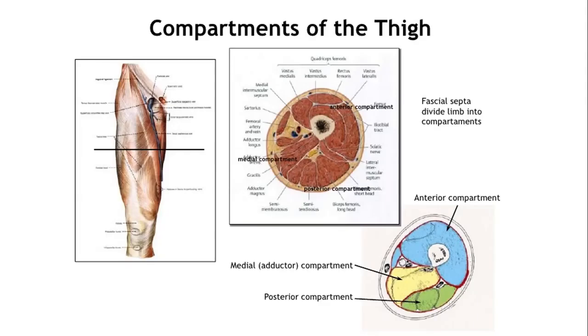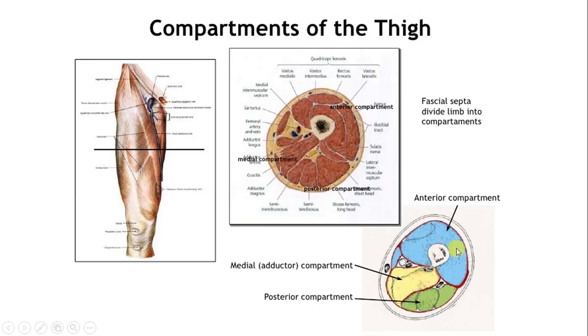First of all, we see this slide, where here is the thigh and a black line dividing it into a cross section. This is to show how the thigh is divided into different compartments. In this diagram, the two septa separate the different compartments from each other.